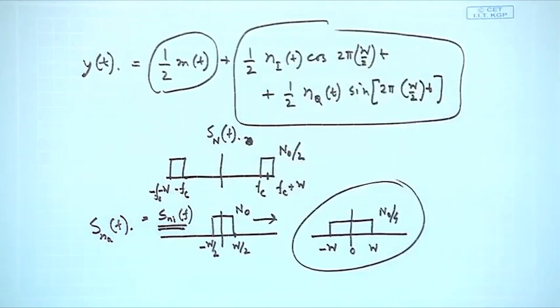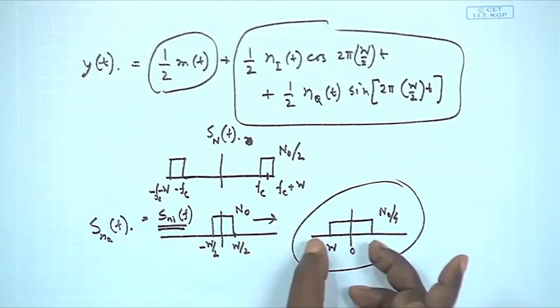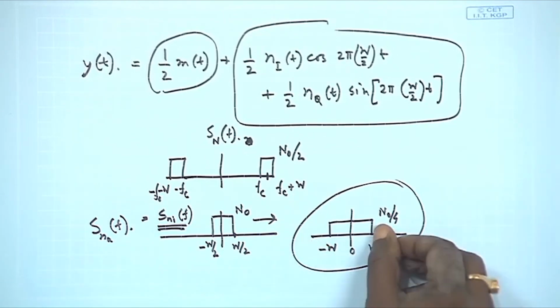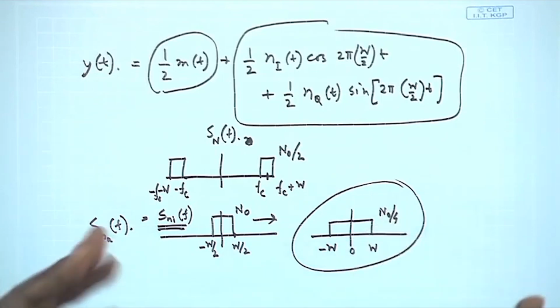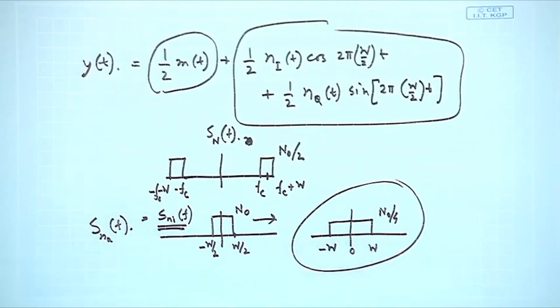Ni cos 2 pi W by 2 t should have this spectrum. And why should I consider this whole spectrum? Because my low pass filter has a cutoff at W. So, this entire spectrum as noise will actually enter through the low pass filter. Okay. So, that should be the case.